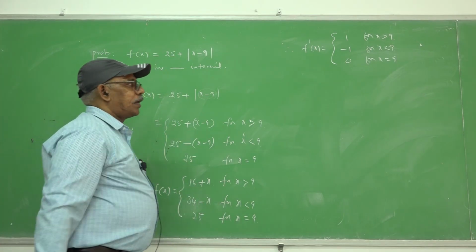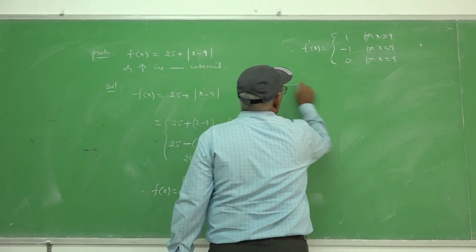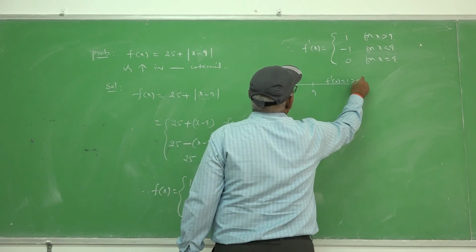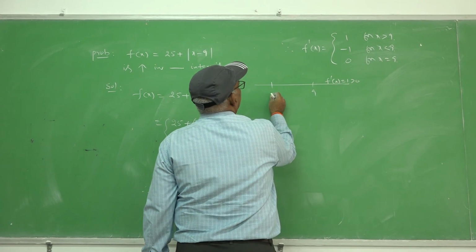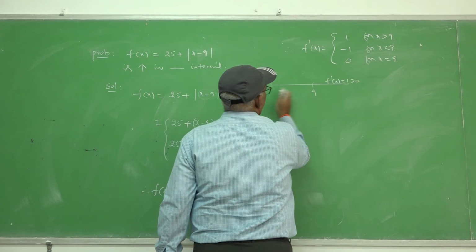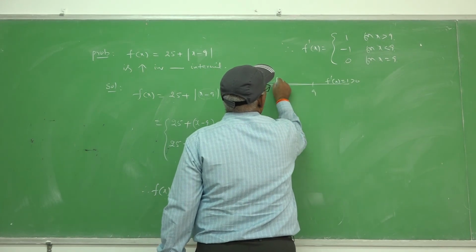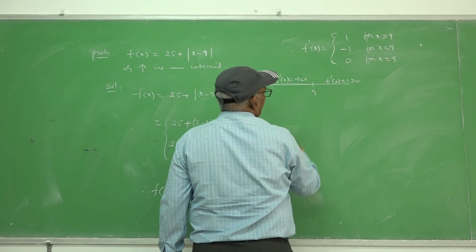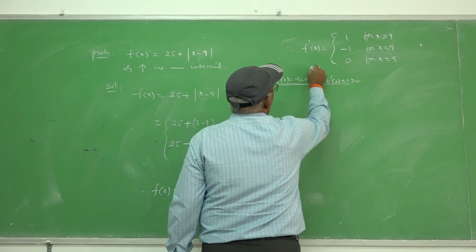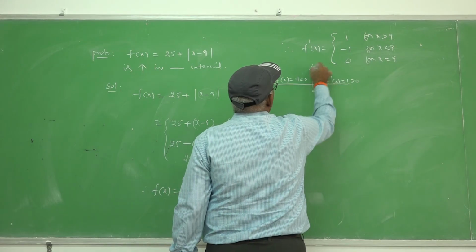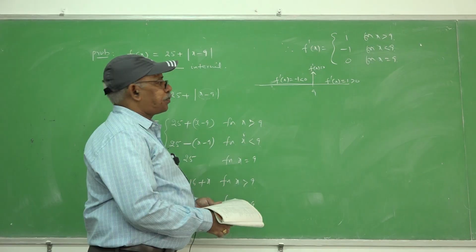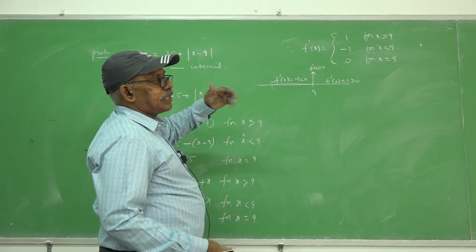In different intervals, for x more than 9, f dash x is 1, positive. For x less than 9, in this interval, f dash x equal to minus 1, negative. At 9, f dash x is 0. When f dash x is positive, f is increasing.